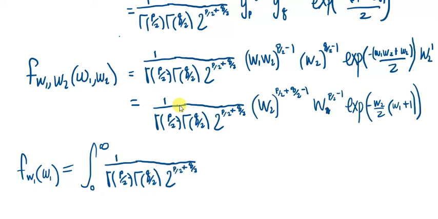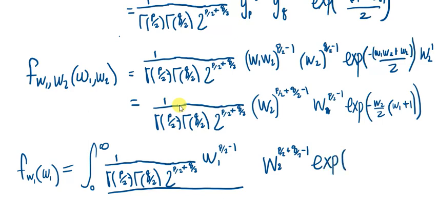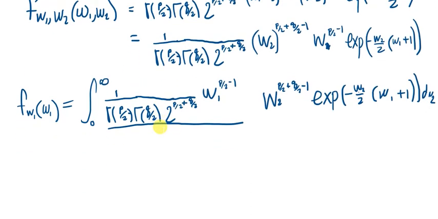So W1 to the power of p over 2 minus 1, this whole component is a constant for now. W2 to the power of p over 2 plus q over 2 minus 1, e to the power of negative W2 over 2, W1 plus 1, dW2. Now we can see that we have a kernel of a gamma distribution.